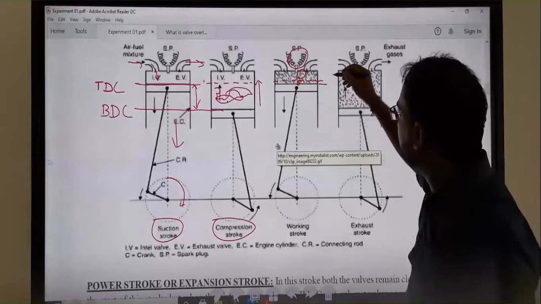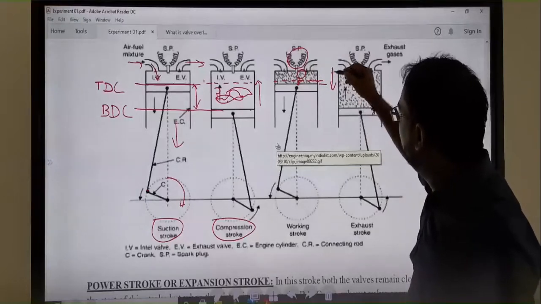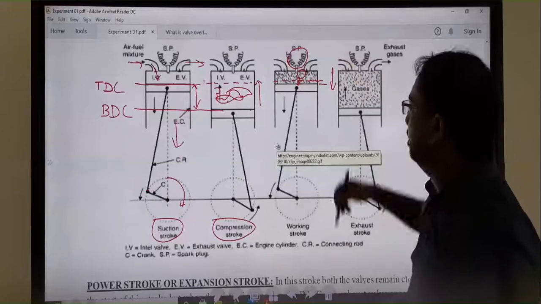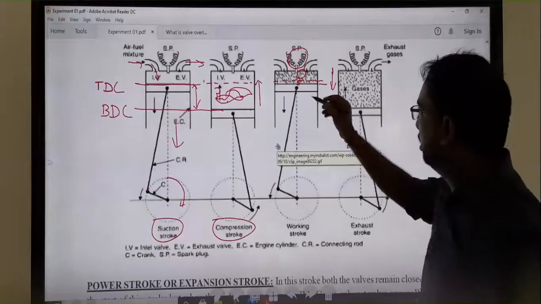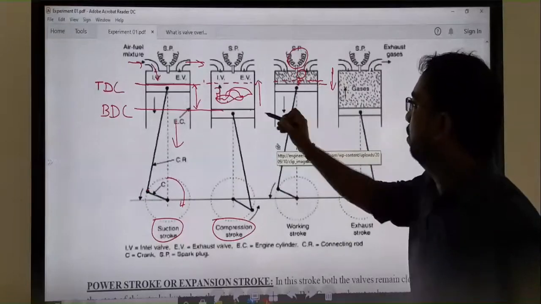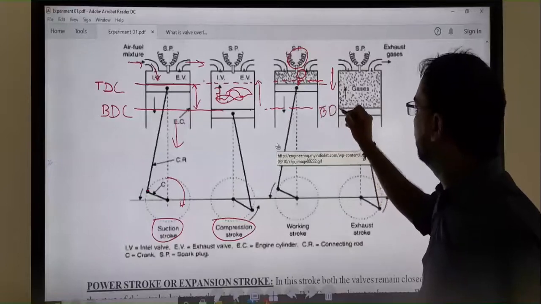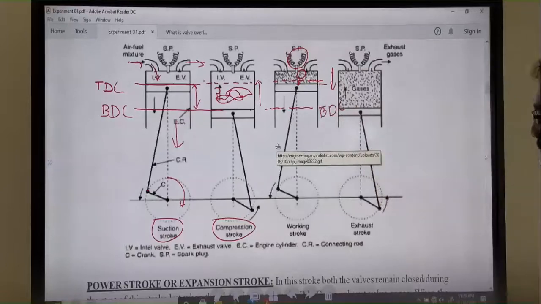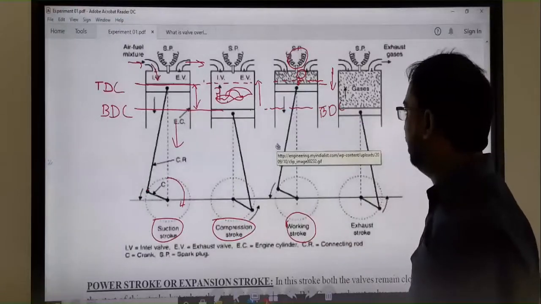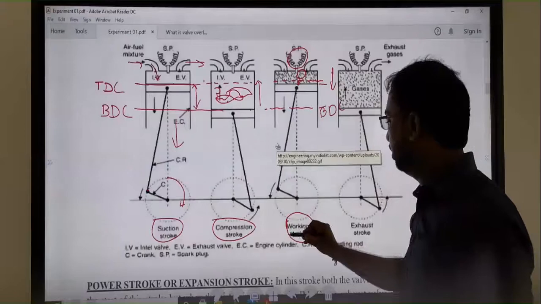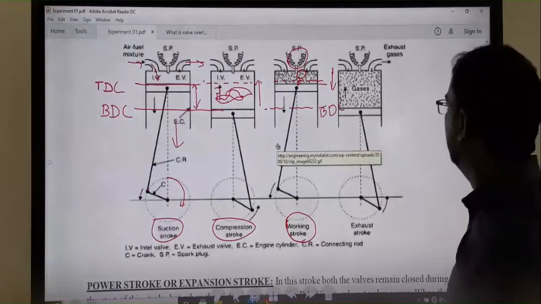That pressure gives a motion to this piston downwards. Again the piston moves to this BDC line. This process is called the working stroke or power stroke. This stroke is actually linked with the engine power.